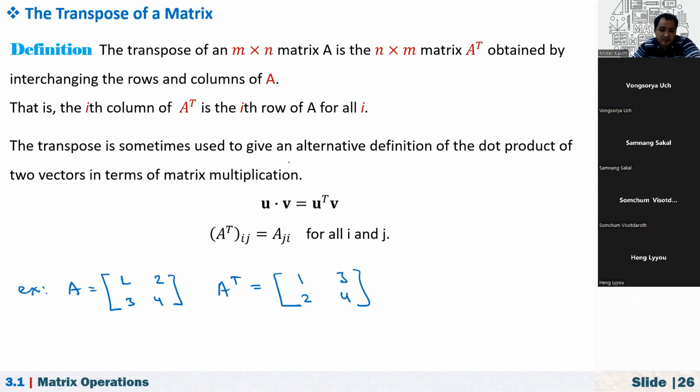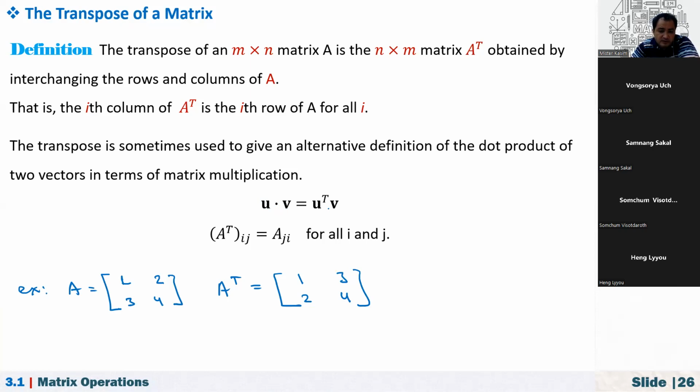The transpose is sometimes used to give an alternative definition of the dot product of two vectors in terms of matrix multiplication. Once again, dot product is for vectors. For matrices, we don't have a dot product, but sometimes we can use it alternatively if we are talking about column vectors or row vectors. So what is u dot v?